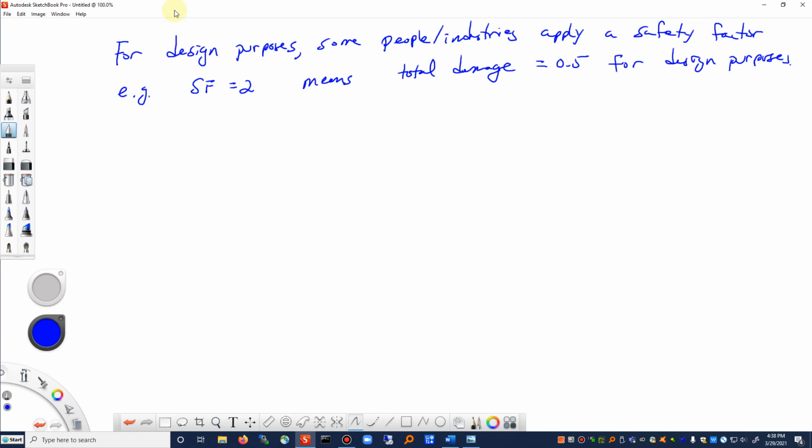Now, what's the right safety factor to use? Well, it depends on how safety critical that component is, what the other trade-offs are, and how well you know your test data where this came from. If you're looking at an SN curve on the high cycle side and you have very little scatter in your data, maybe a safety factor of 2 is fine.